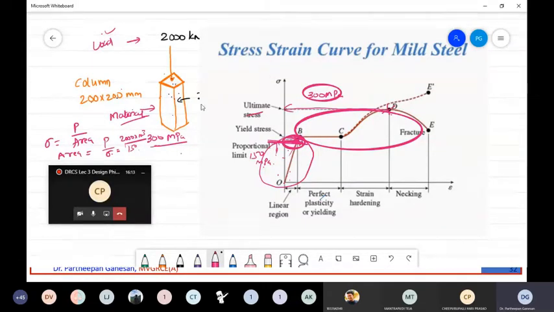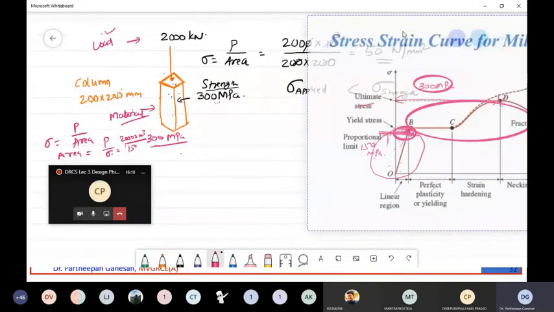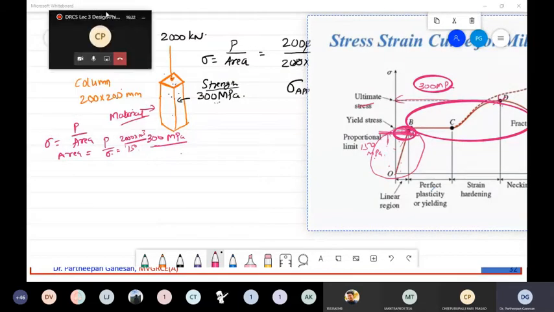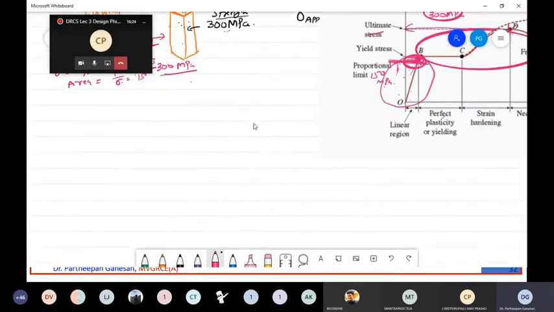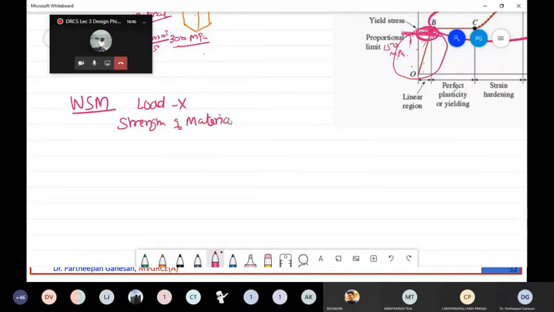Now, in the ultimate load method or ultimate stress method, remember in the working stress method, your load is kept constant, the load is not changed, but the strength of the material is taken as up to only linear elastic.